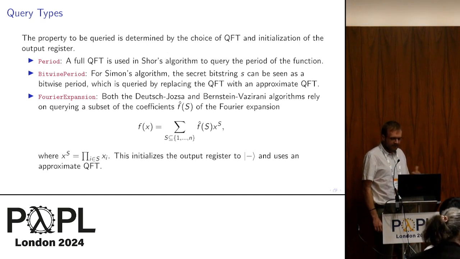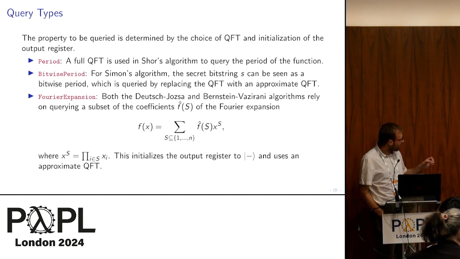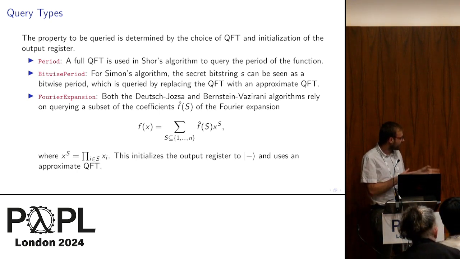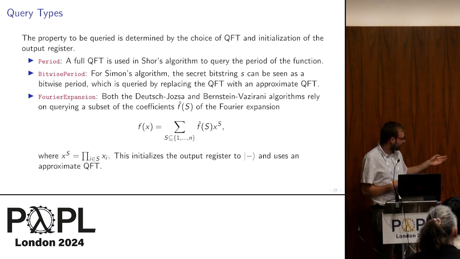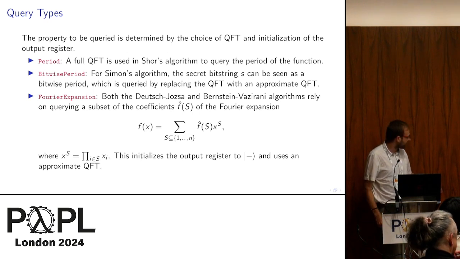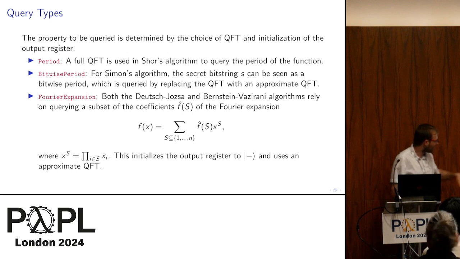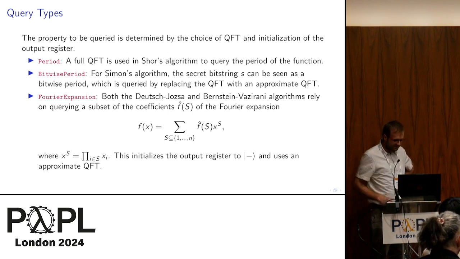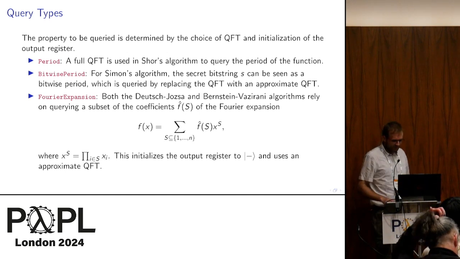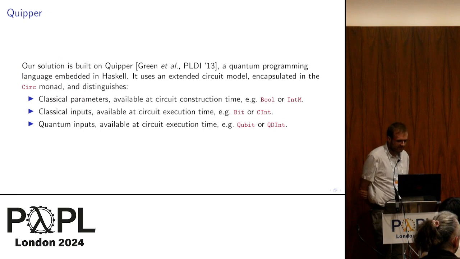And then the other two algorithms, when you think about it, what you're querying is in fact a subset of the Fourier coefficients of the Fourier expansion for the oracle function. Specifically, the subset where that set S here corresponds to singleton sets. And in both cases, you're using the approximate QFT and setting up the output register to get phase kickback.